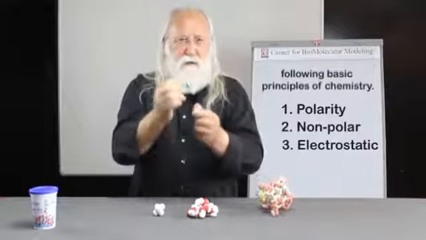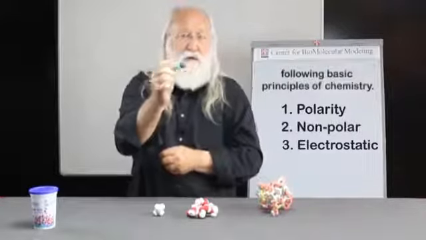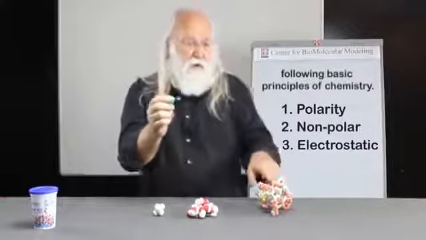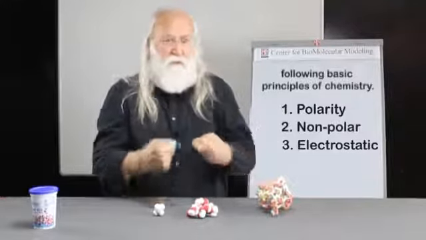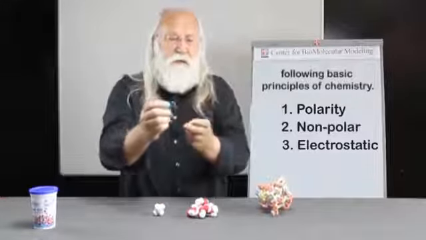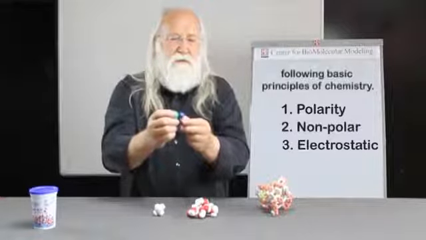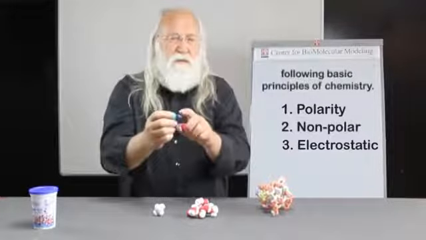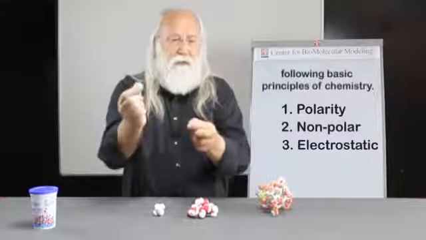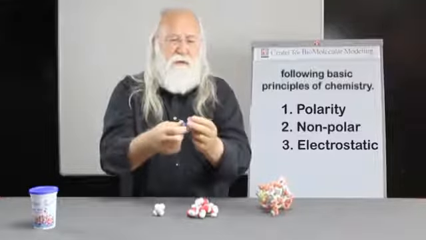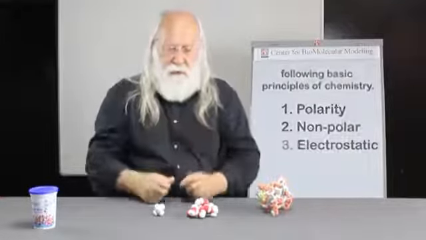Okay, so that's one principle of chemistry that will become important as we consider protein folding. But the other thing I want you to be aware of is that these negative or positive charges interact easily with water.